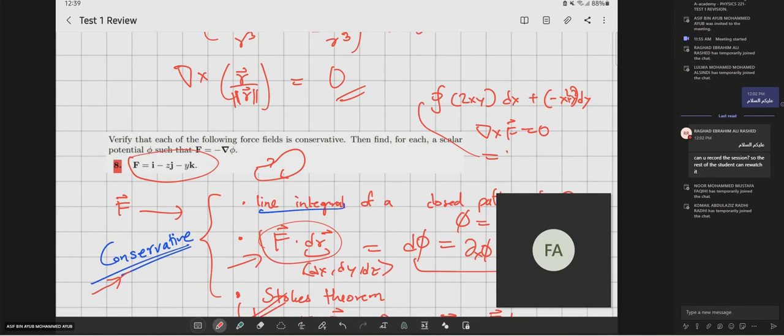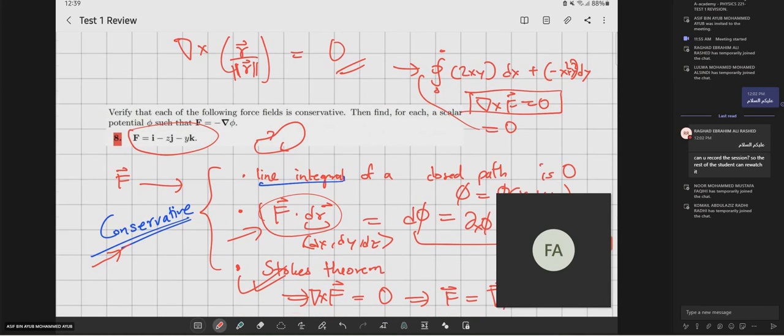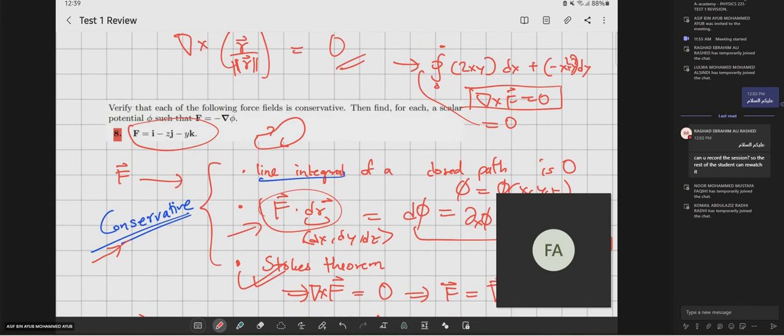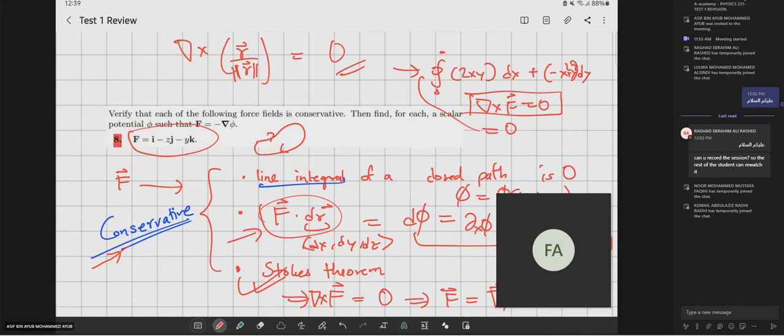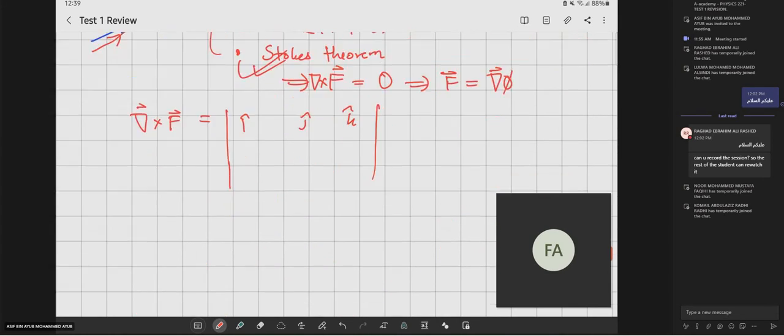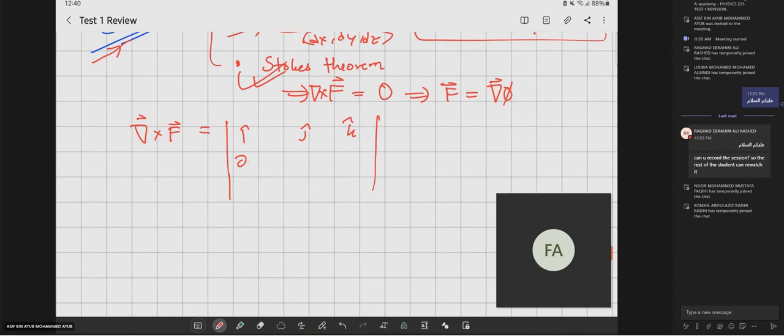This is a double check. Of course you do the integral itself by setting up the limits and everything, but you can double check if your answer is correct by checking if your curl is 0. This is in cases where you have a closed loop. In the last lecture, I showed you how you can use Stokes' theorem to simplify line integrals. You can check that out if you want more exercises.